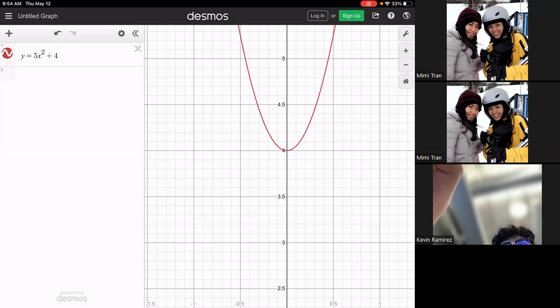But remember, domain is the width. So the domain here will be what? Everything, right? Negative infinity to positive infinity. You can pick any x you want. What about the range? Remember, the range is the height. So where does the graph start? Where does it end?